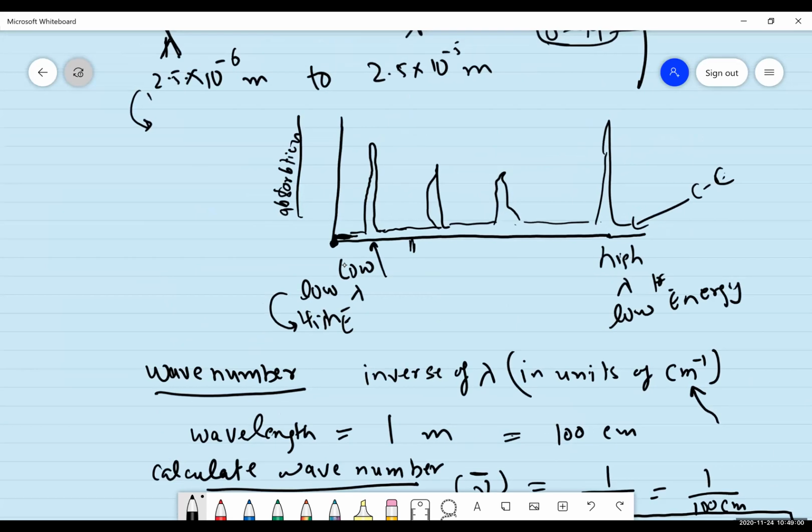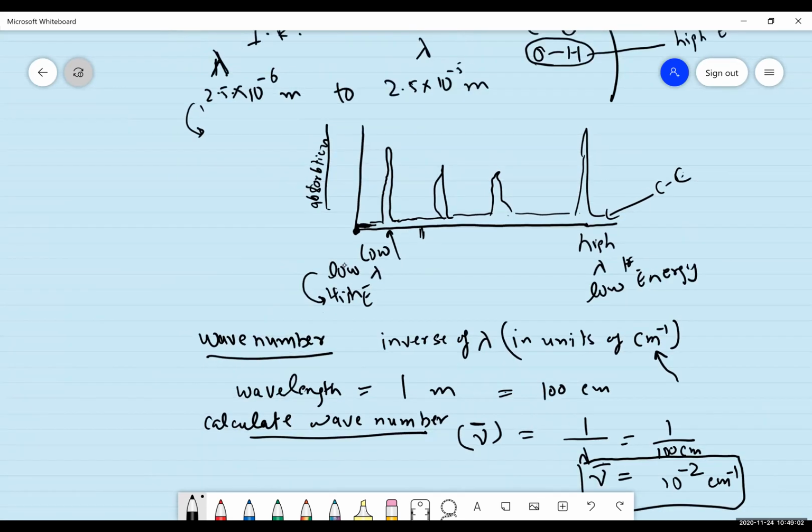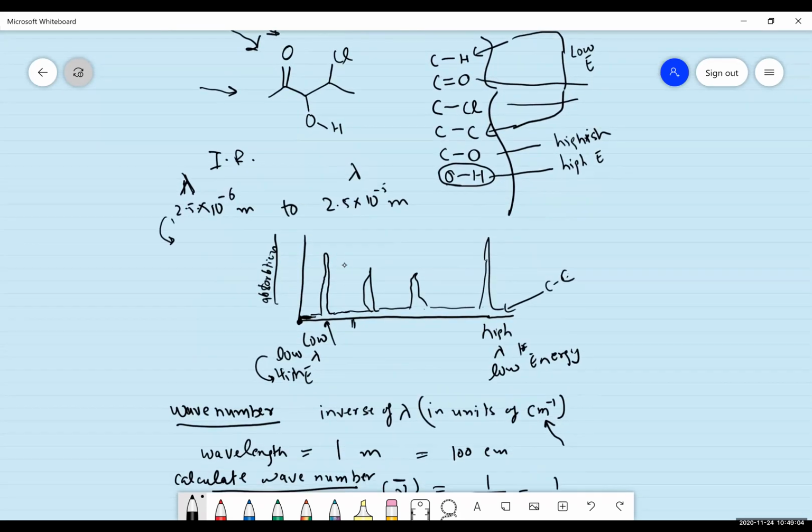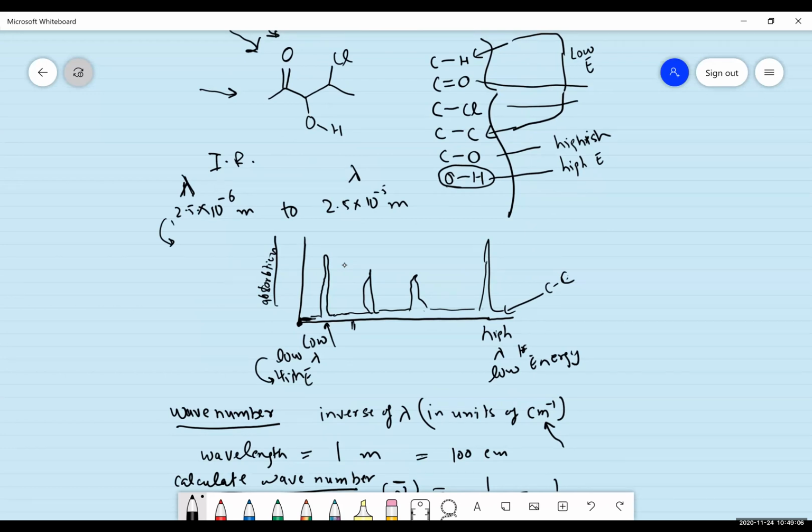Okay. Let's try another example. So in our case, we said the infrared vibrational range goes from 2.5 times 10 to the negative 6 meters to 2.5 times 10 to the negative 5 meters. Right.